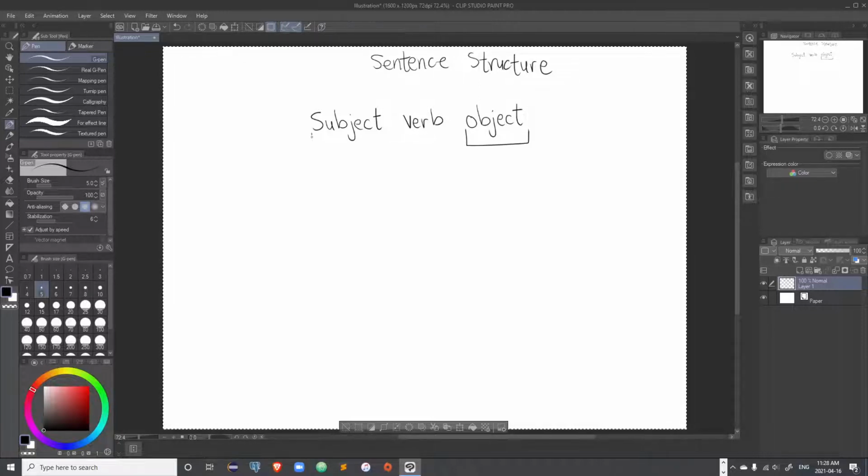The subject is the one that does the verb, and the object is one that is affected by the verb. So by transitive properties, the object is affected by the subject. That is a typical sentence structure, and subjects and objects are normally nouns.